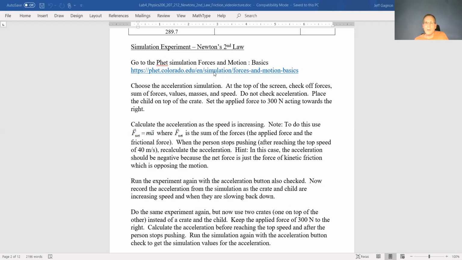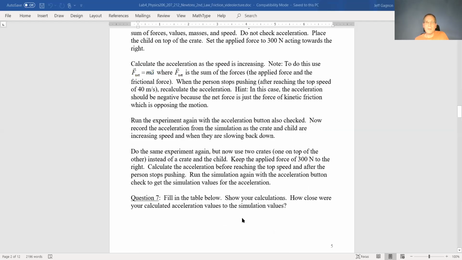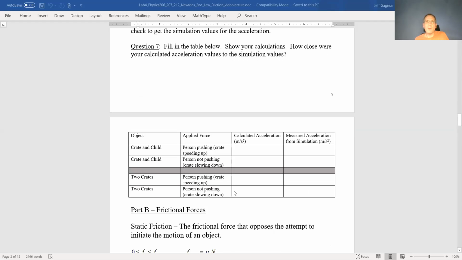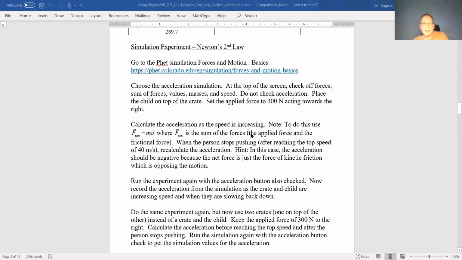This one's on forces in motion. You want to follow these directions here, and that will allow you to answer question 7. Let me show you what to do. So I'll go to that simulation and show you how to set it up.